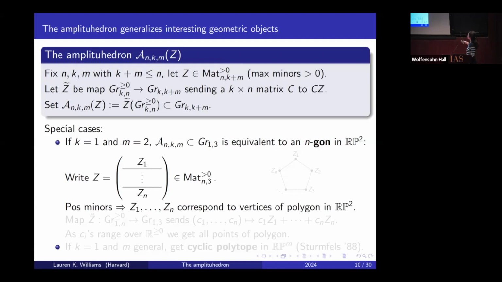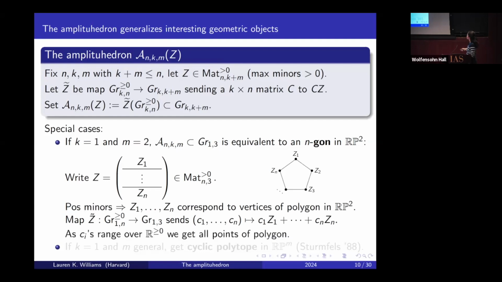And they're going around cyclically because of the positivity. And now the map Z tilde is mapping the positive Grassmannian of one plane in n space to Gr(1,3). And it's sending our tuple, C1 through Cn, of non-negative numbers to this linear combination of Zi's. And then as the Ci's range over all non-negative reals, we get all points of this polygon. So that's what happens when k is 1 and m is 2.